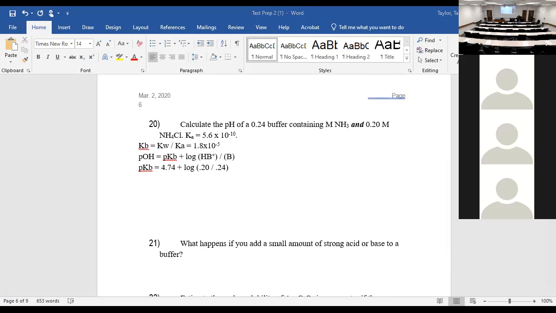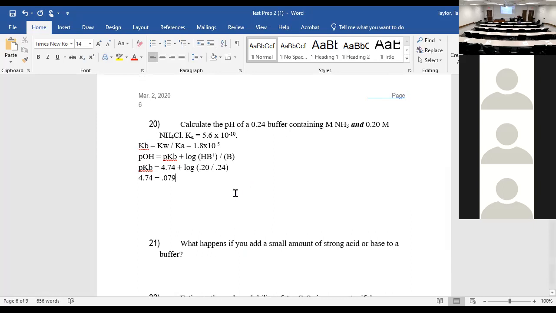So what do we do? Then we just solve the equation. 0.2 divided by 0.24. Then you take the log of that, and that's equal to 4.74 plus 0.079.